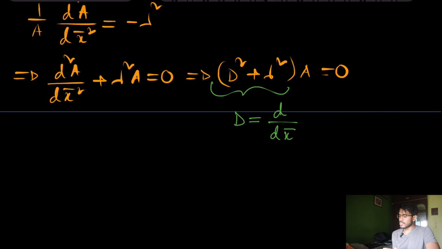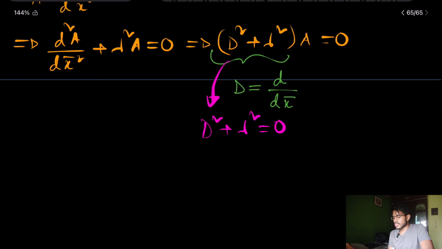If you have studied differential equations in your engineering mathematics, then you already know that this has the auxiliary equation. So this is my auxiliary equation for this differential equation, and this means D has the roots ± λ.